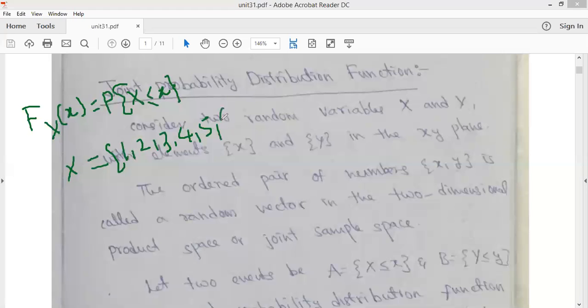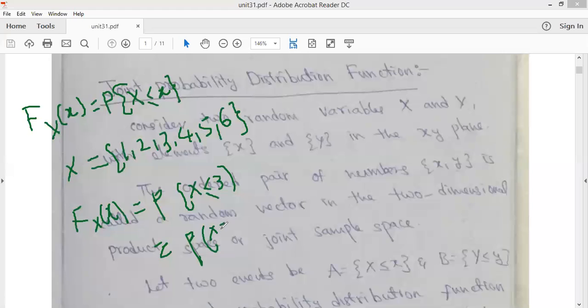If you want to find F_X(x) where we have to find the probability for X less than or equal to 3, we write it as the probability of X equal to 1, plus the probability of X equal to 2, plus the probability of X equal to 3.